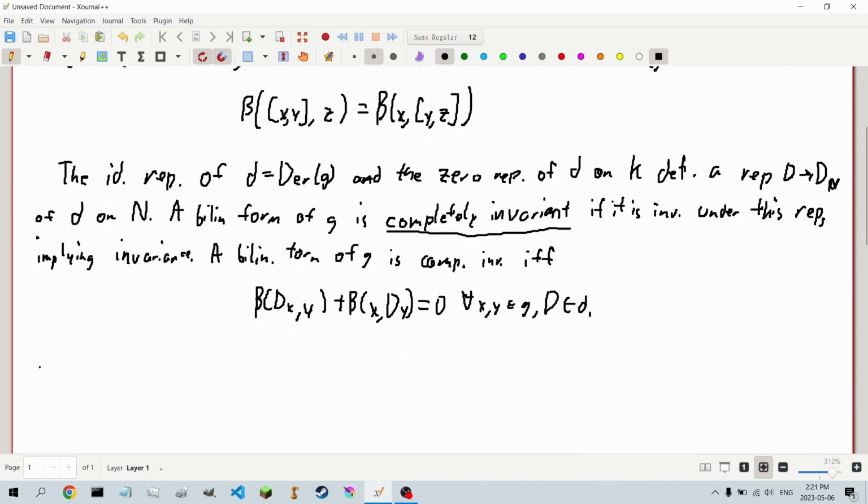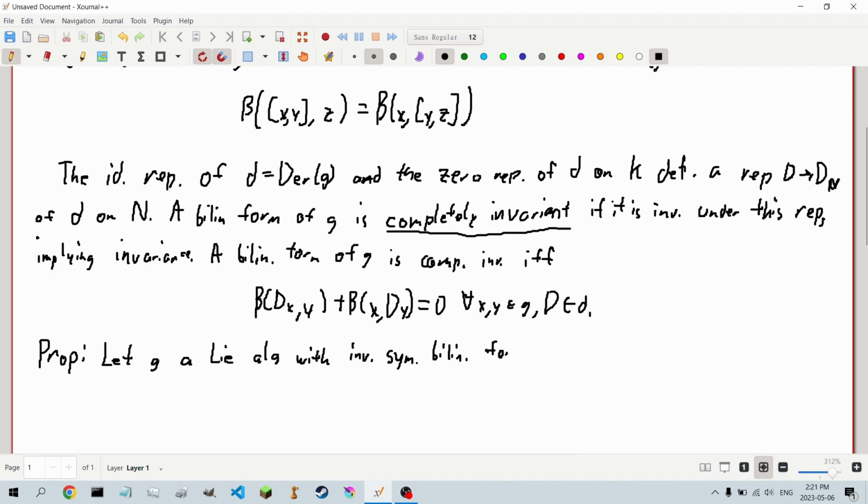Here's a proposition for you. We're going to let G be a Lie algebra with an invariant, symmetric, bilinear form.